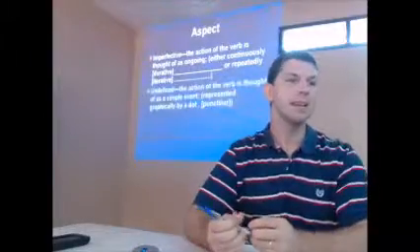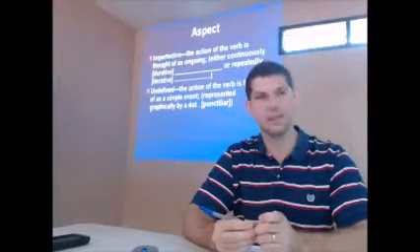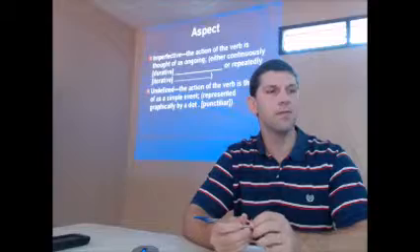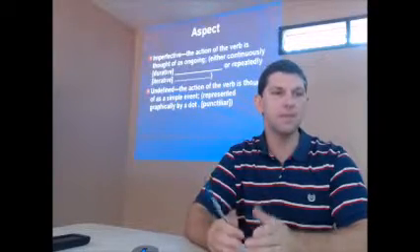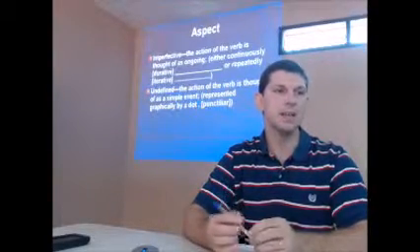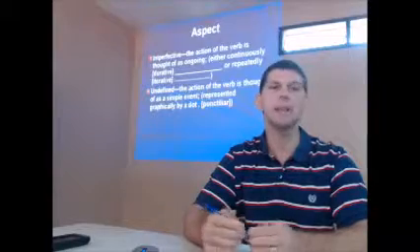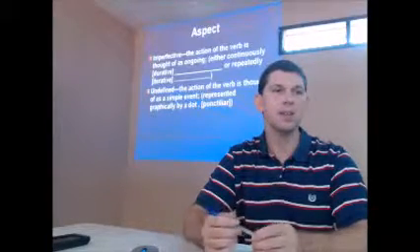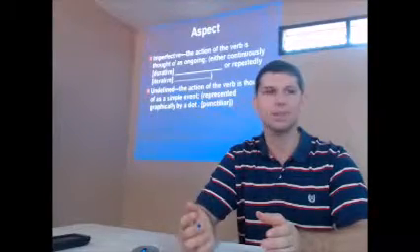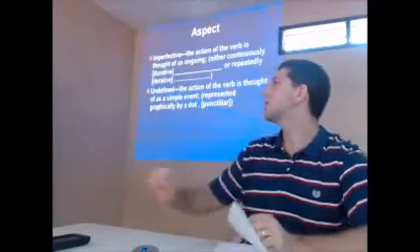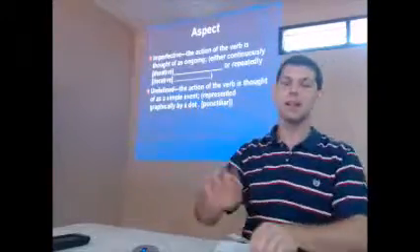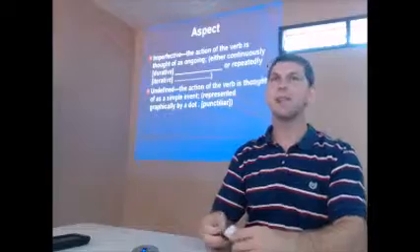The second is called undefined. The action of the verb is thought of as a simple event represented graphically by a dot. We call this punctilinear. So it's just a dot. We're not describing the type of action.